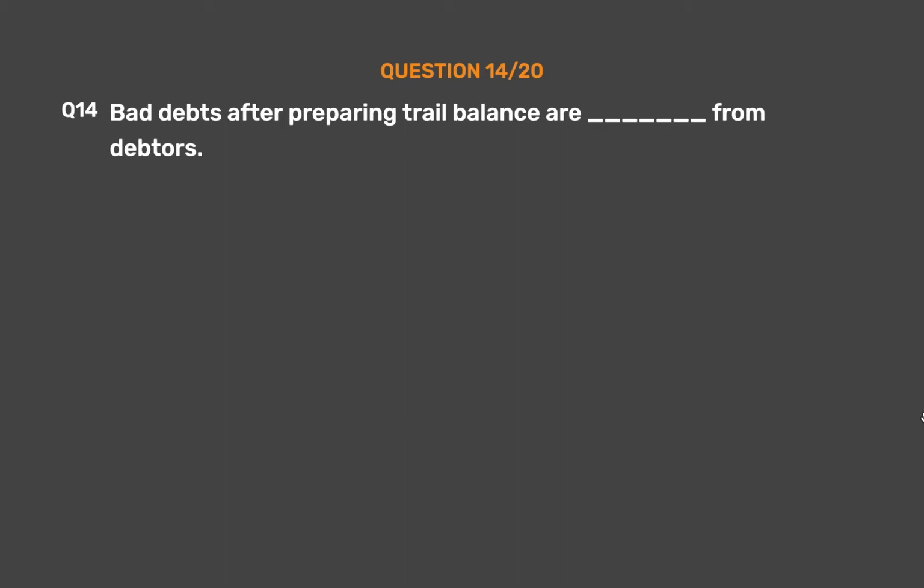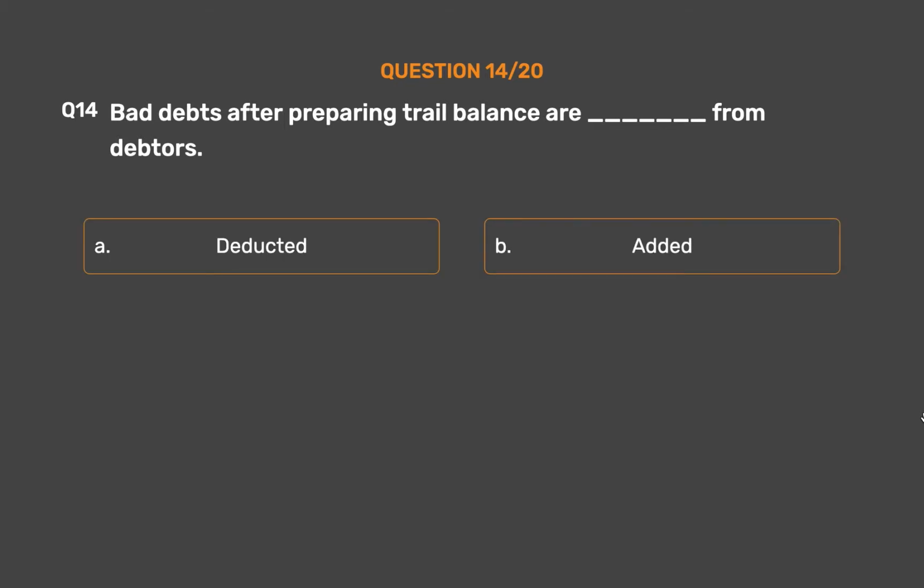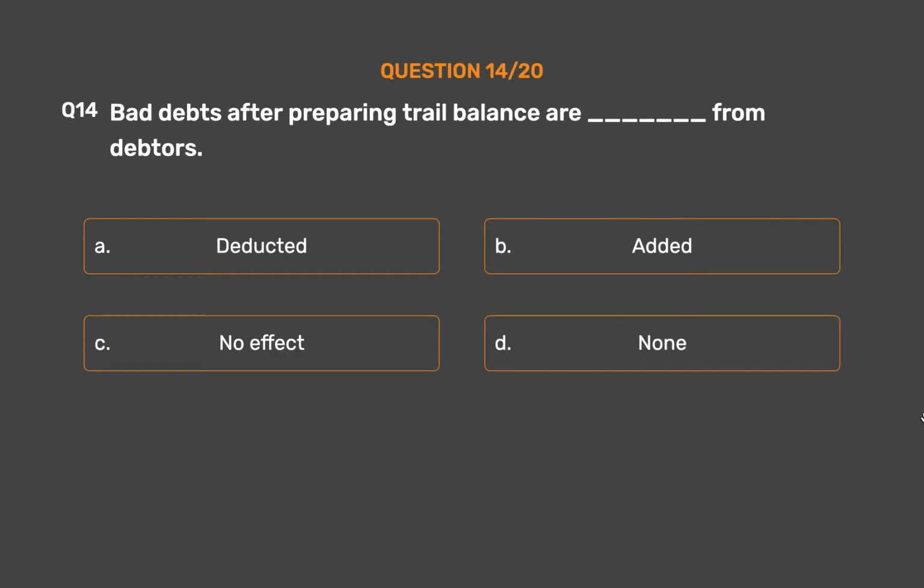Question number 14. Bad debts after preparing trial balance are underscored from debtors. Option A, deducted. Option B, added. Option C, no effect. Option D, none. The correct answer is option A, deducted.